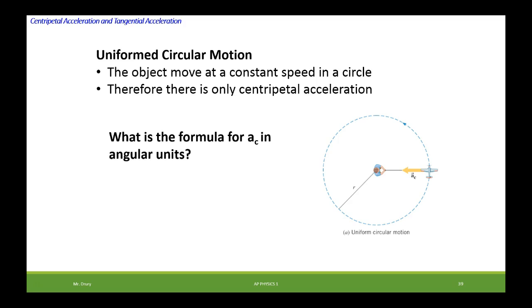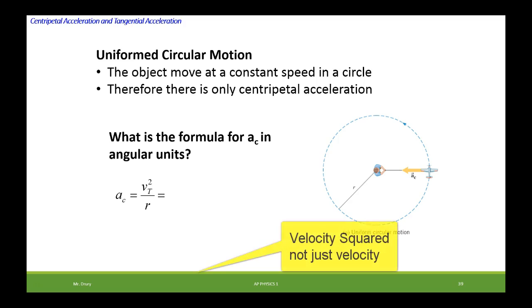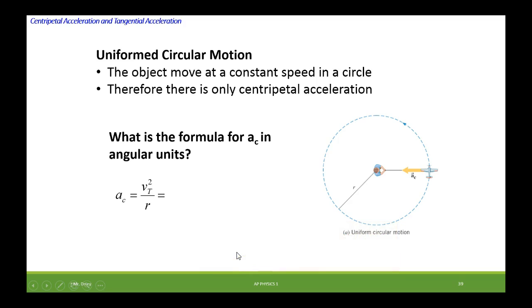So, is there an equivalent angular unit for centripetal acceleration? Well, we know that centripetal acceleration is velocity tangential, or the velocity going off on a tangent, squared divided by r, as we derived in an earlier video. So, can we change this to angular notation?